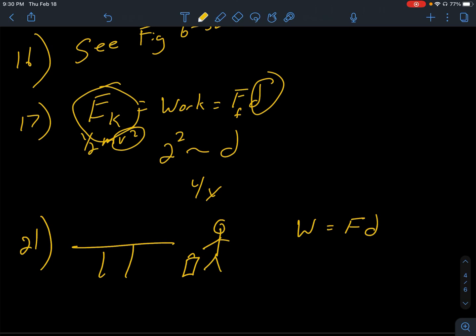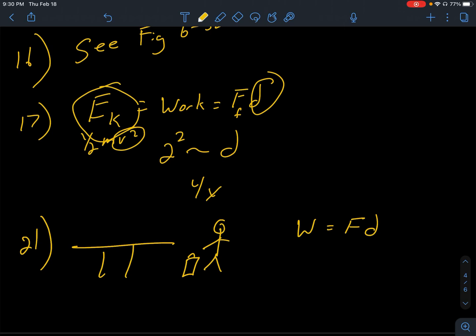Now, I know there's other biomechanical stuff going on if you were to hold a plank or go down in the push-up really slowly, but just physics-wise, you're only doing work on the way up because you're pushing up and you are going up. But on the way down, your force is up and you are going down. It's opposite directions.